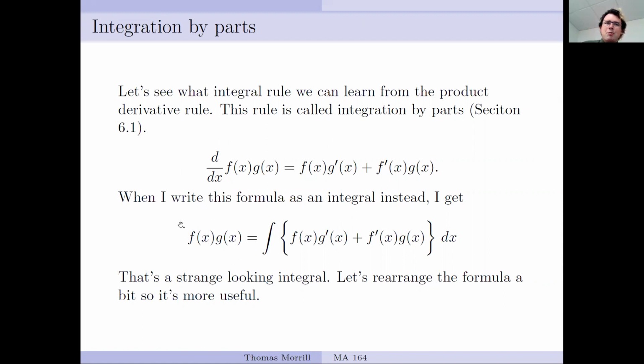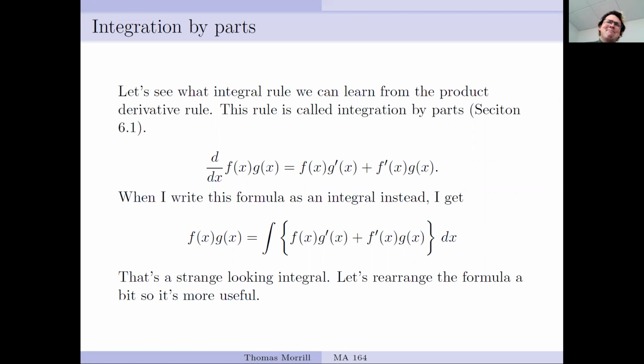So this would be saying f of x times g of x is equal to the integral of f of x times g prime of x plus f prime of x times g of x, and all of that together inside the integral dx.